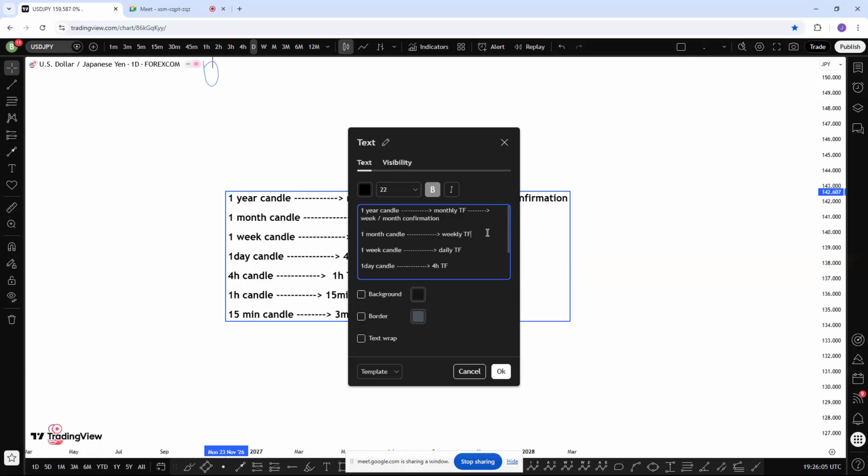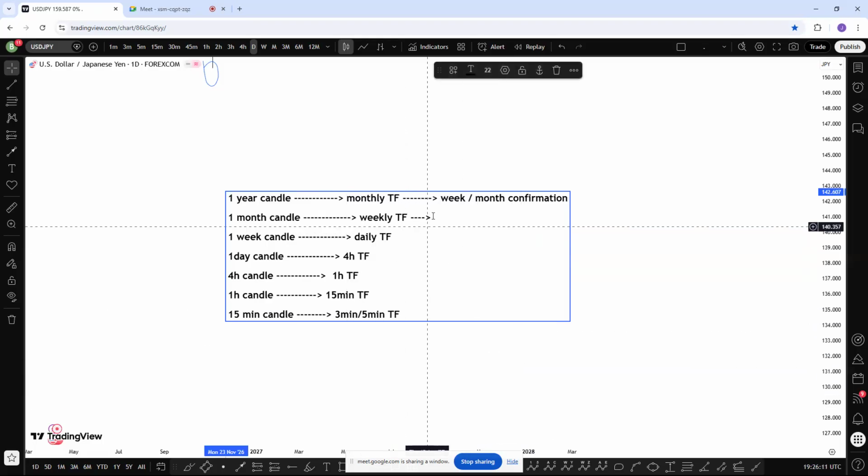Then on monthly candle, use daily confirmation. You may still do this even if you're not going to trade, for example, the monthly candle.